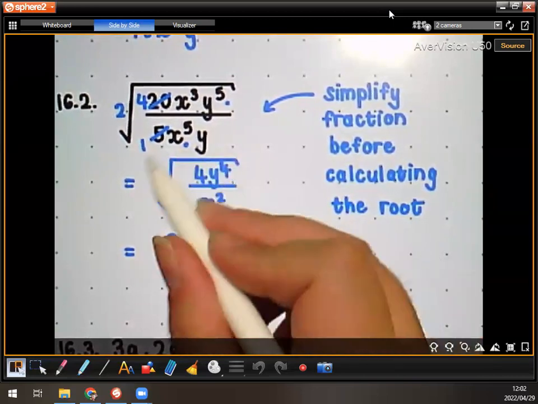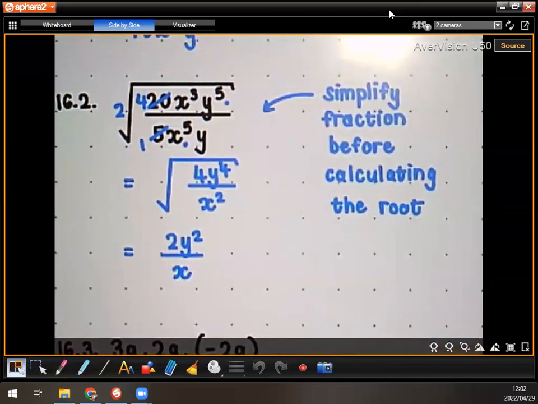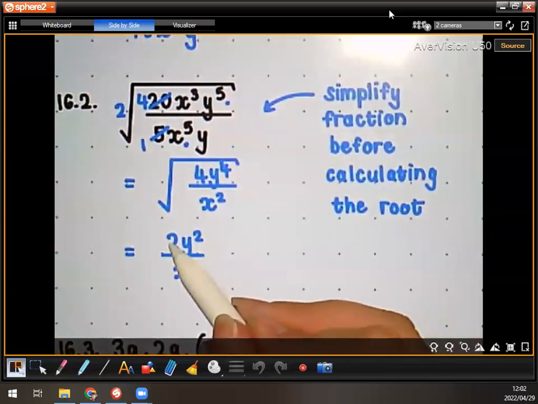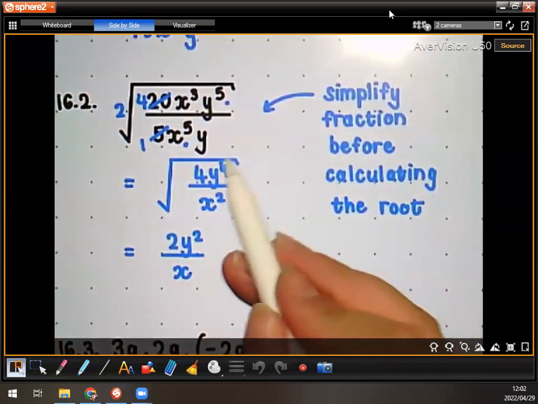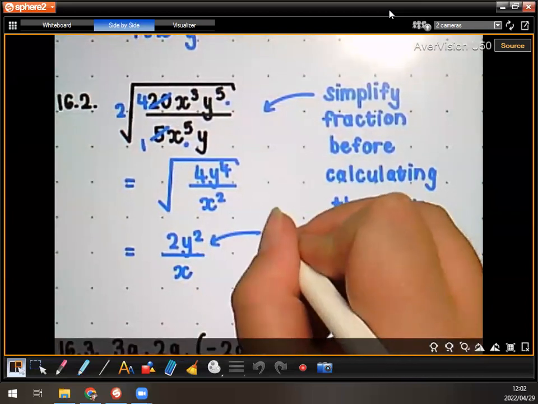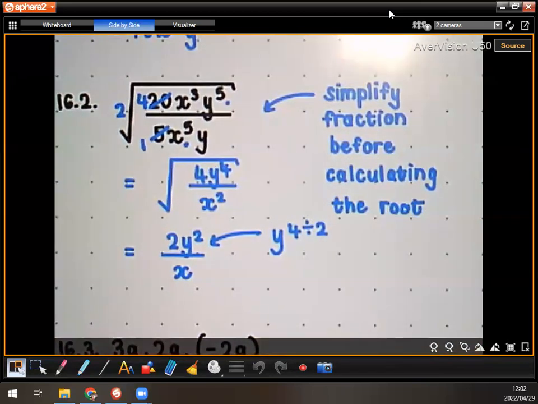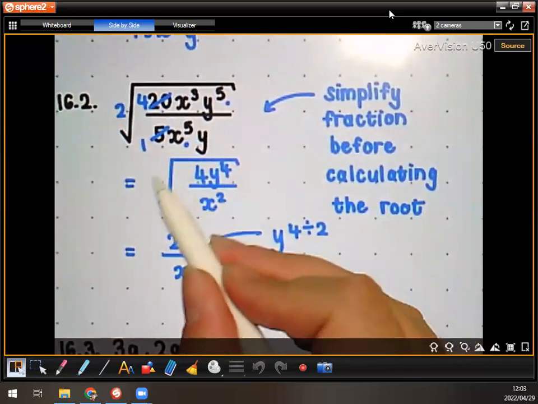So guys, it's easy to find the square roots of all 3 of these things that we have now, the 4 and the y's and the x's. What is the square root of 4? 2. The square root of y to the 4, how I did that is I said y to the 4 divided by 2. Exponent inside the root divided by the number in front, right? So that's 4 divided by the 2 here.